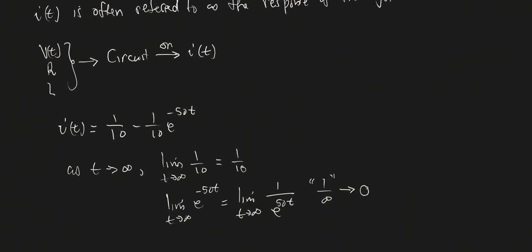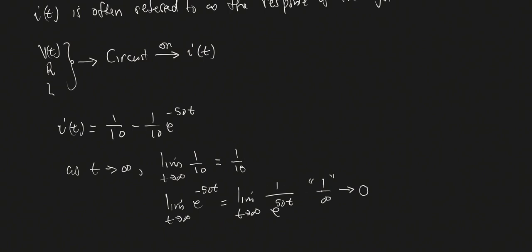Whenever you have a term in your response that approaches 0, we say that term is transient. So because it approaches 0 over a long period of time, we say e to the negative 50t is a transient term, in the sense that it dies away and becomes negligible over time.